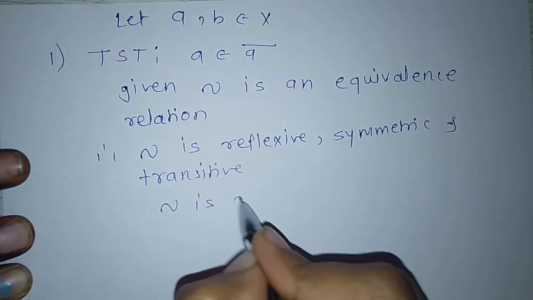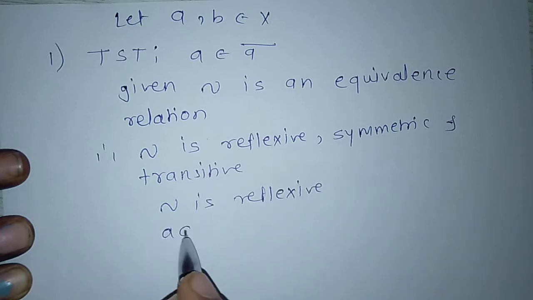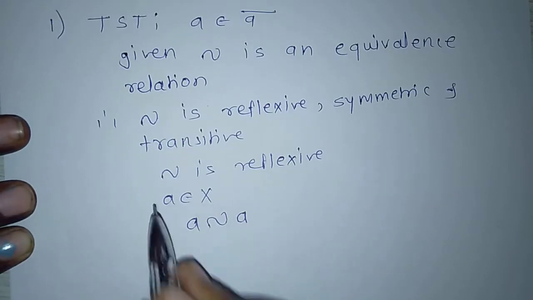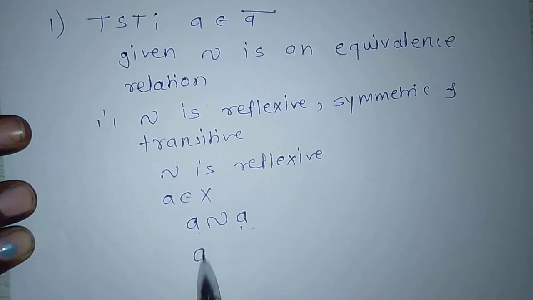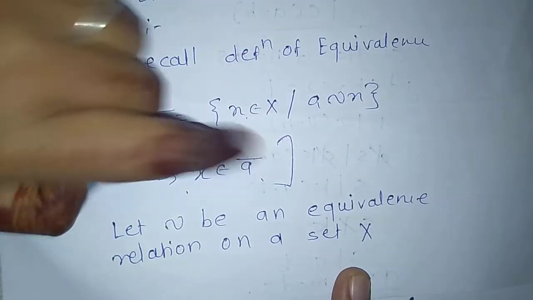Tilde is reflexive means a belongs to X implies a is related to a. And a related to a means a belongs to a bar. Why? Because if a is related to x, then x belongs to a bar.